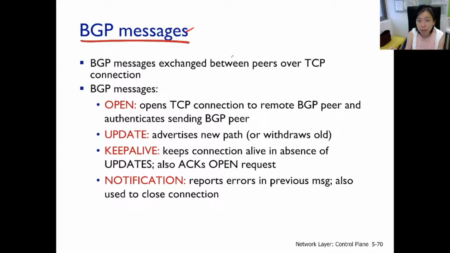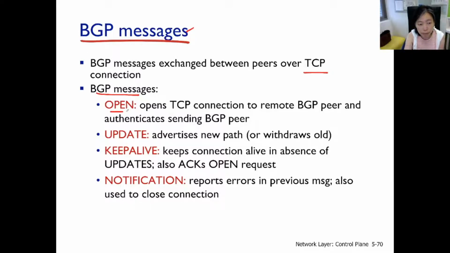There are other types of messages that BGP sends. Some of them send the path advertisements, the path vectors, but some of them are to establish the TCP connections for the session, or to tear down the TCP connection, or to keep the TCP sessions alive. Okay, let's go through these BGP messages.